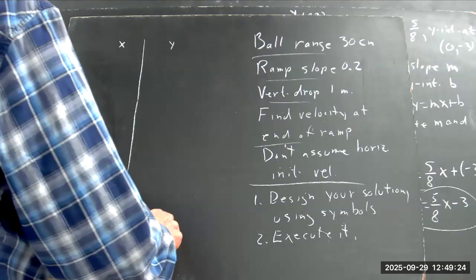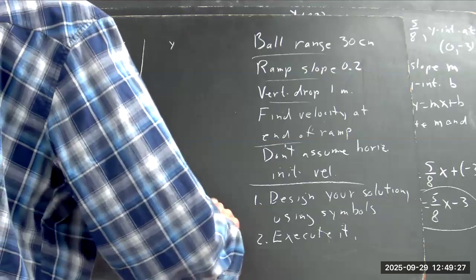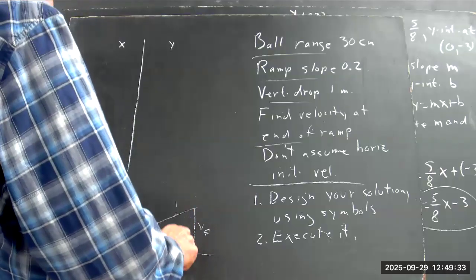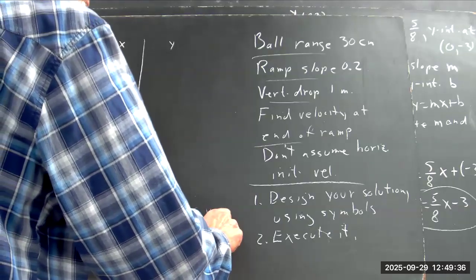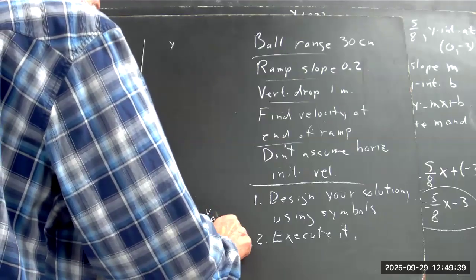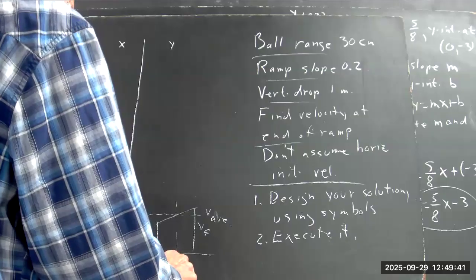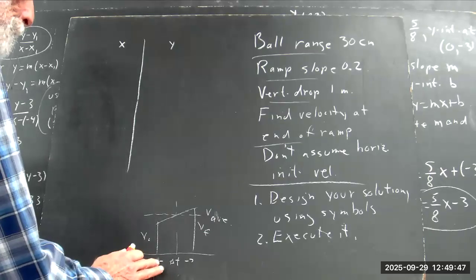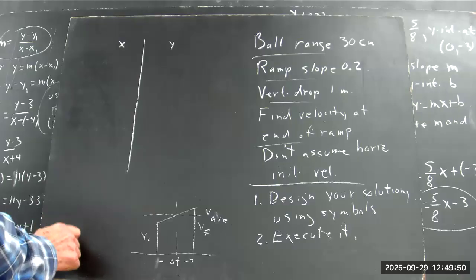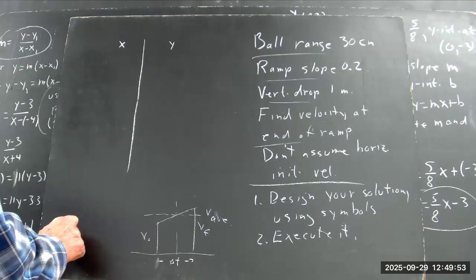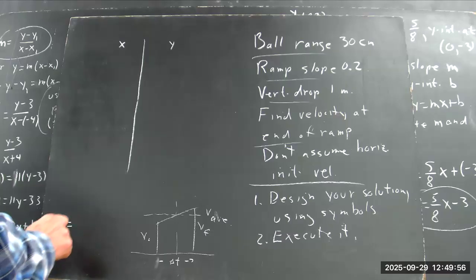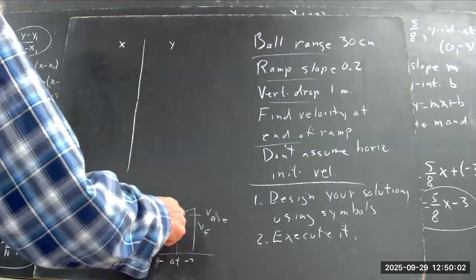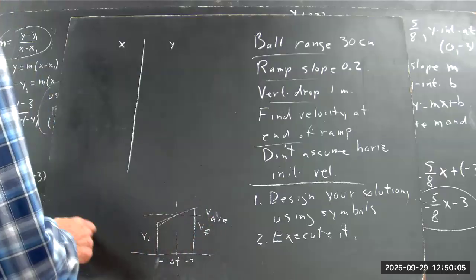Now, if you want to get the equations, this picture can be very useful. V naught, VF, V average, and delta T. Then the average acceleration, which is just the acceleration if acceleration is uniform, this is a straight line.